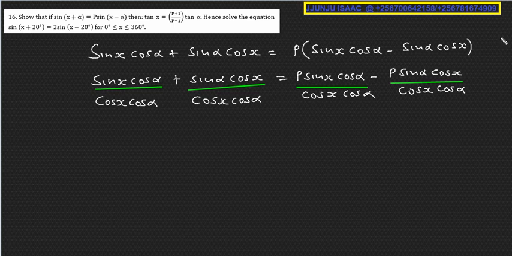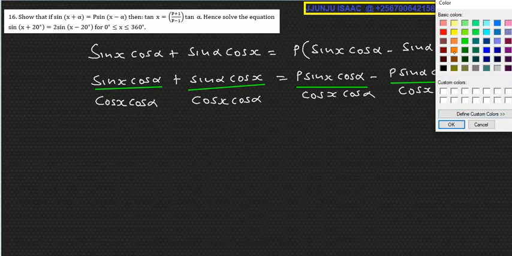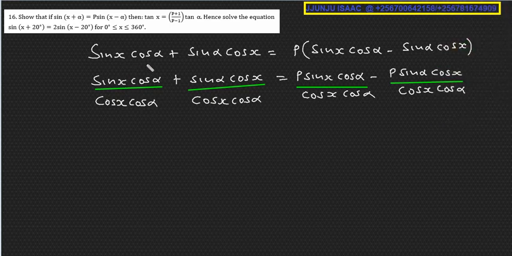So let us see. From here, the cos cancels with that cos, so we remain with sine over cos. Here we shall see that cos α goes, and here we shall see that cos x goes.